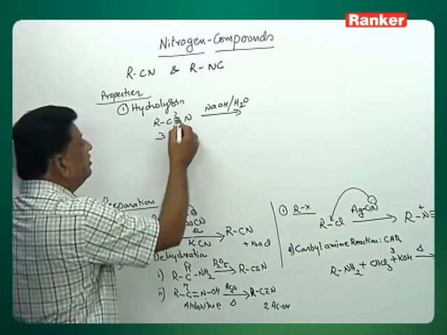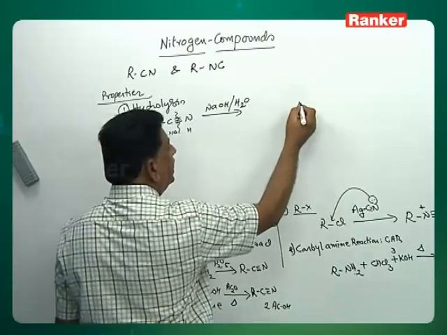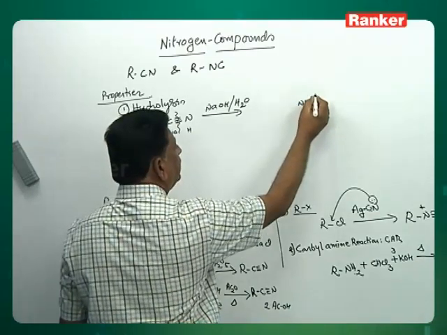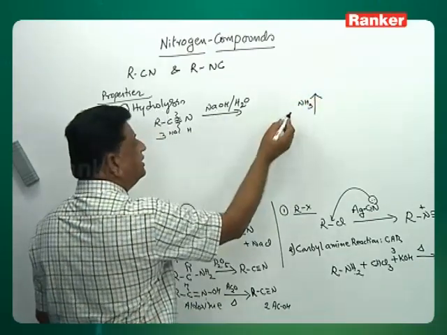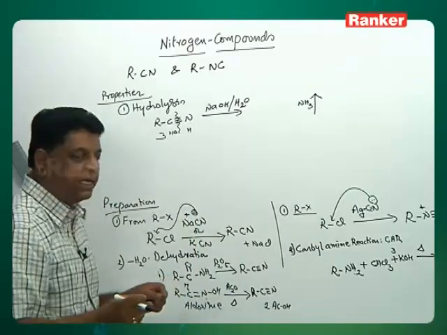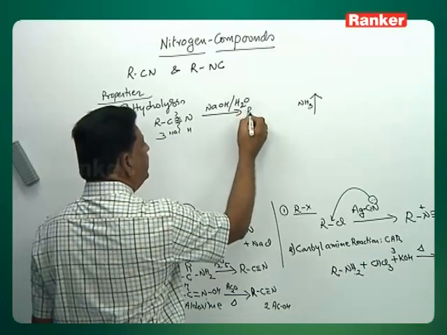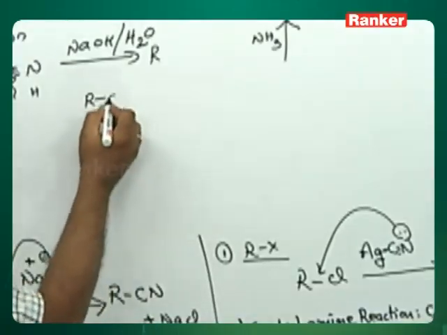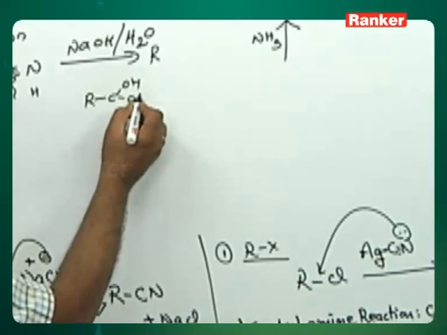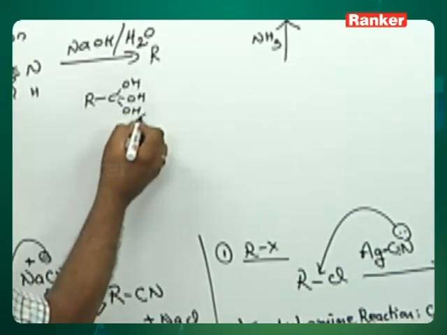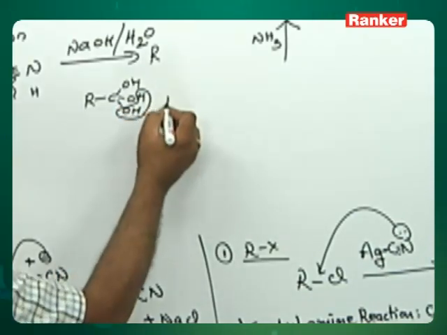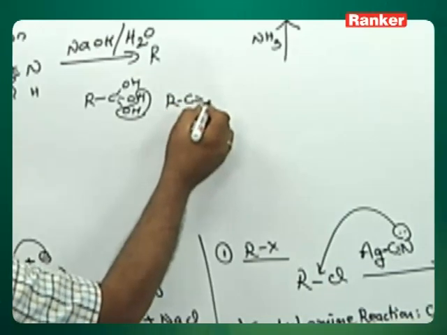So 3 hydrogens with nitrogen, ammonia will be liberated. The medium is also basic, so the base liberated will have a repulsion, and immediately ammonia gas will come. From the other side you will get a carbon with 3 OHs. The 3 OHs are unstable, so water is detached and the compound becomes RCOOH.